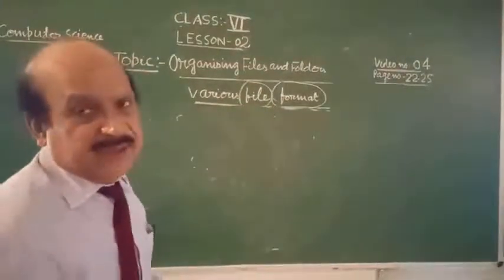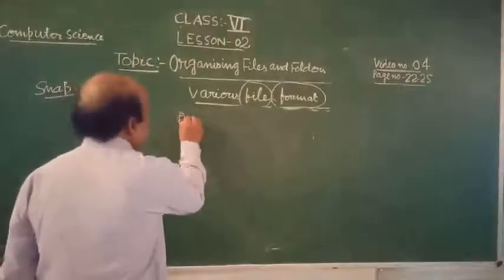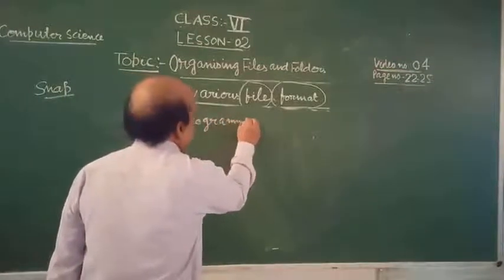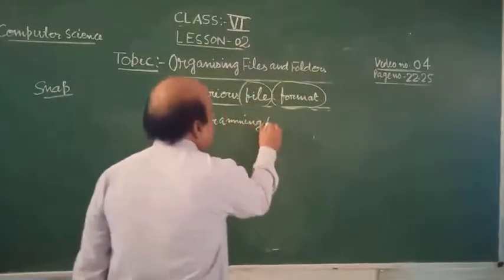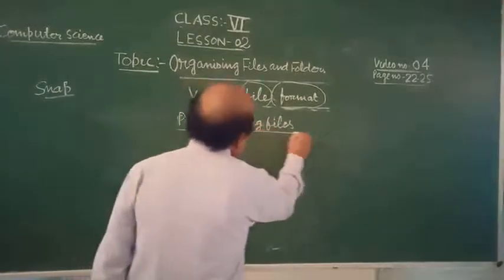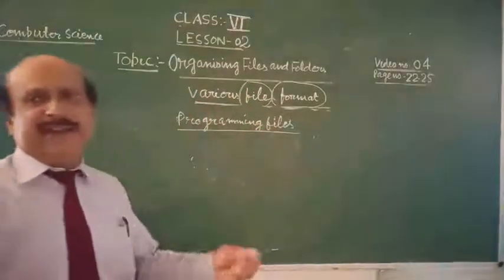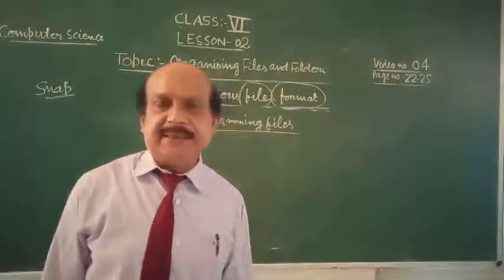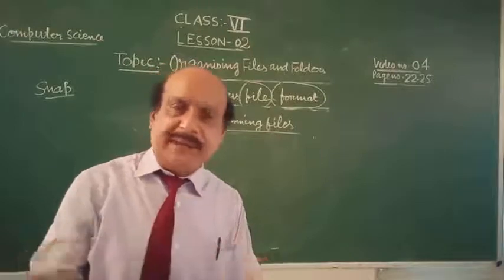And one more here, that is programming files. See here, programming files. It means when you are writing a program in different languages, it will take a particular extension and you can say in which language the program was written.